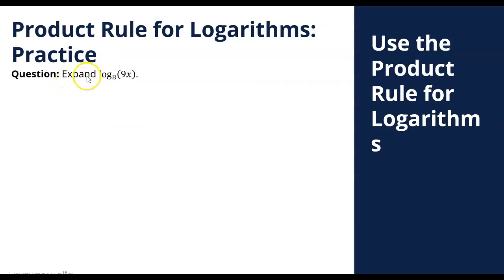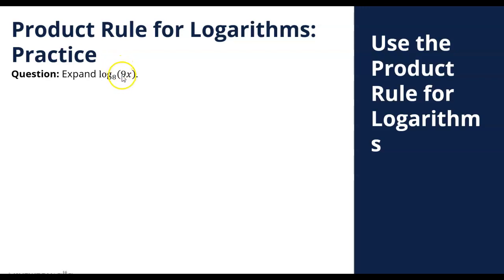Next, we want to expand logarithm of 9x base 8. In order to do that, we're going to use the product rule for logarithms since we have a product here. But before we can do that, we will first write this in factored form before we can apply the product rule for logarithms.